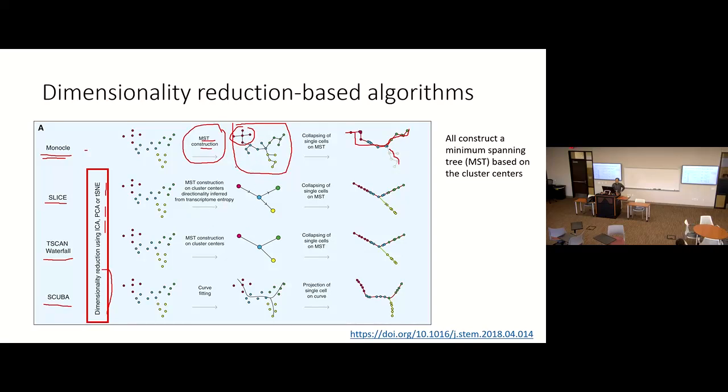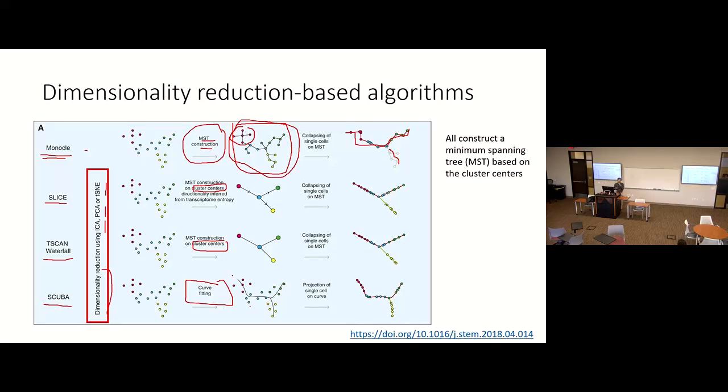There are different ways. In this case, you build a network between cells. This one is from the cluster centers. This also uses cluster centers. This method uses curve fitting. So not to build a tree, but it just finds a curve that goes through the majority of cells.